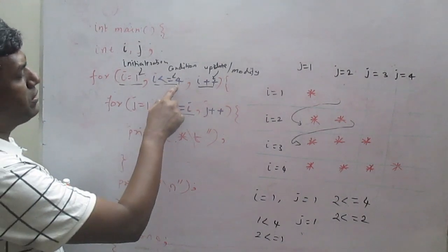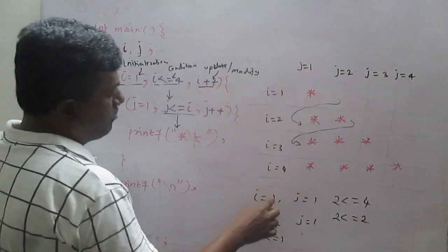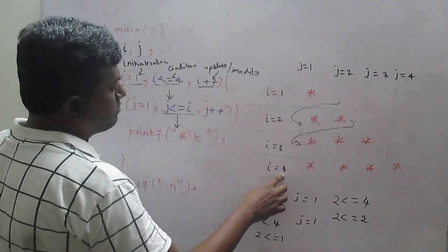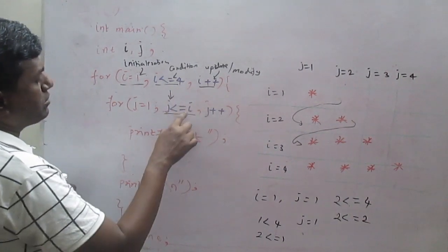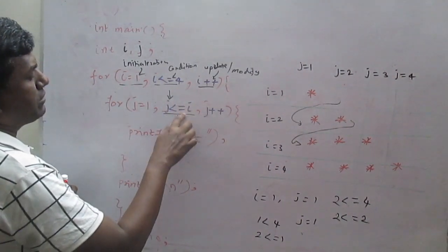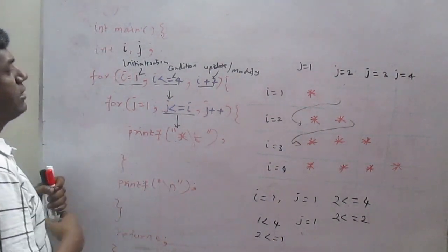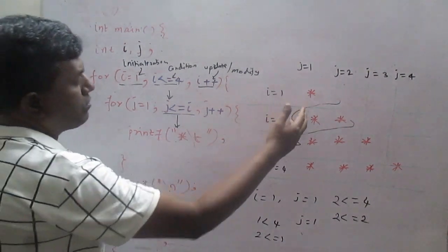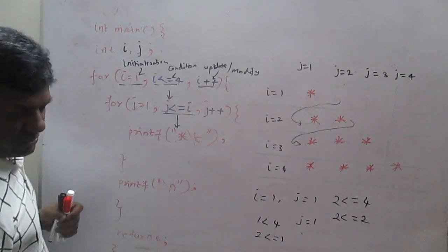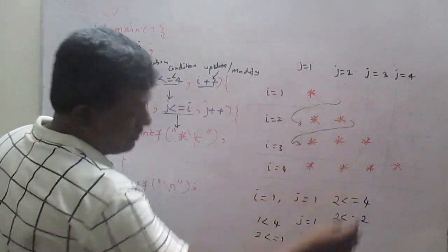This maximum number represents the row number, and here we are giving the condition, based on which we are getting this pattern. Instead of these stars, suppose you want to get numbers everywhere.